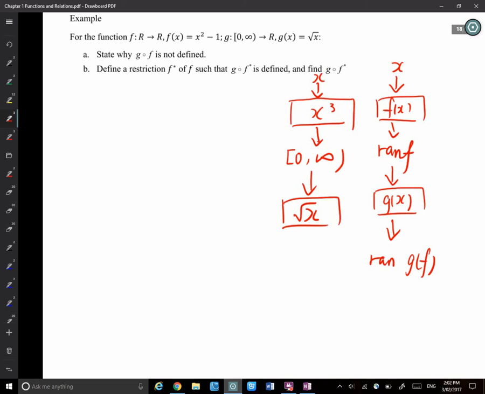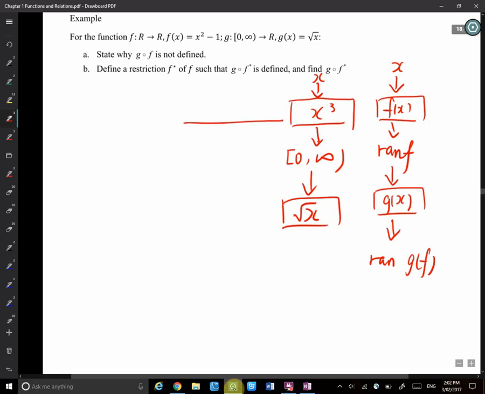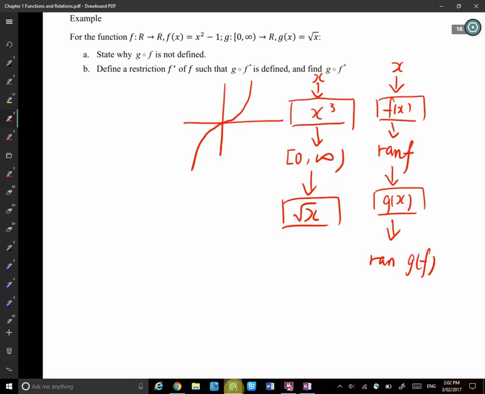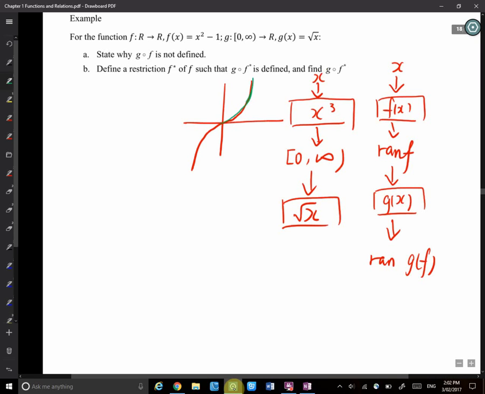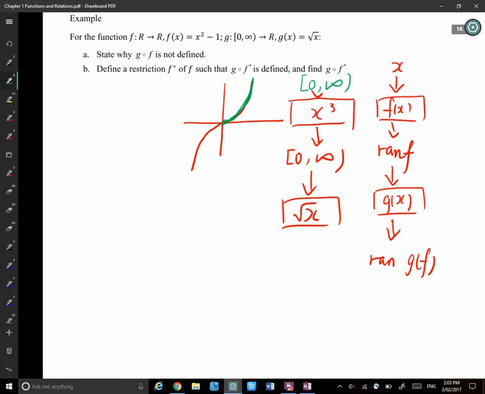So draw x cubed. My x cubed looks like this. I want the value to be 0 to infinity, so I will have this part of the graph. What x can produce that part of the graph, which is 0 to infinity?